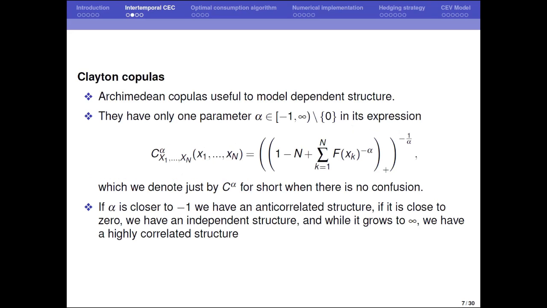Well, I present the copula we will use, that is the Clayton copula. That is an Archimedean copula that is very useful to model the dependency structure between random variables, because it has only one parameter, alpha, that is much more tractable than, for example, computing a covariance matrix in Gaussian distributions.